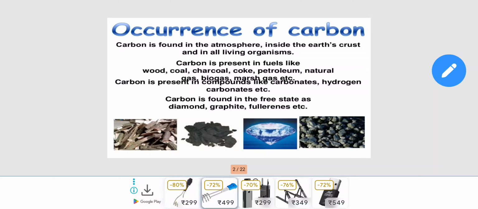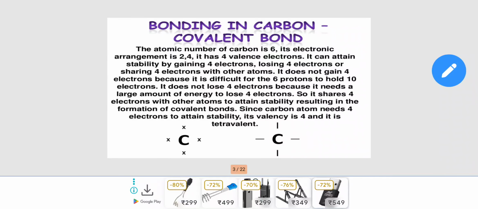This is why carbon chemistry is called organic chemistry, because carbon bonding is so special, through covalent bonds. First of all, the atomic number of carbon is 6 and its electronic arrangement is 2, 4. It has 4 valence electrons. It can attain stability by gaining 4 electrons, losing 4 electrons, or sharing 4 electrons with other atoms.